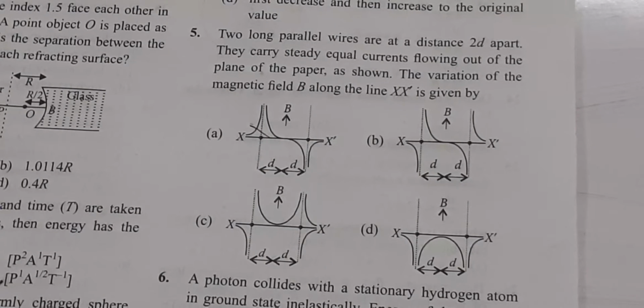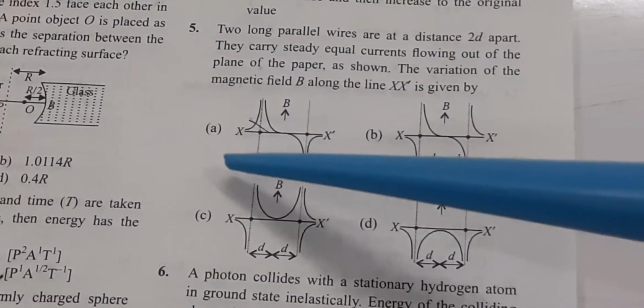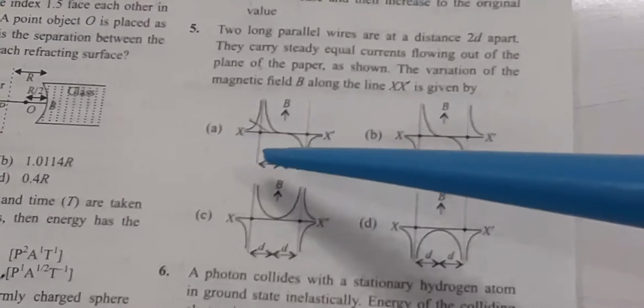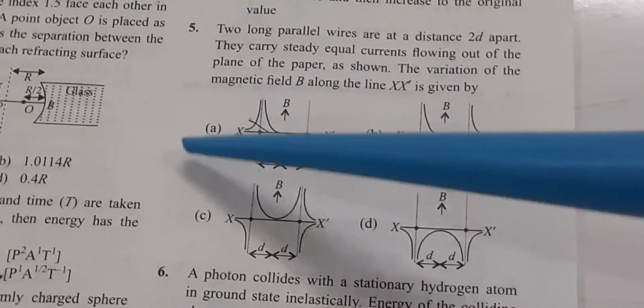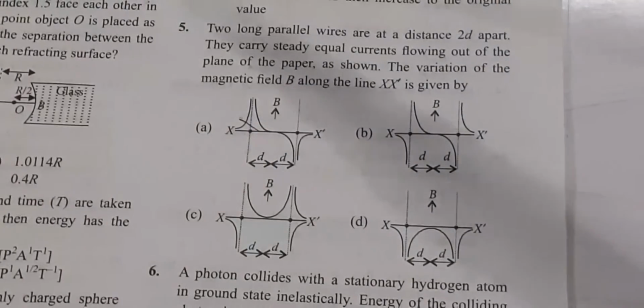Current is perpendicular to the plane of the paper. Around an upward current we can draw an anti-clockwise circle, and the tangent will give the direction of the field. If you draw the tangent here, it will give upwards.